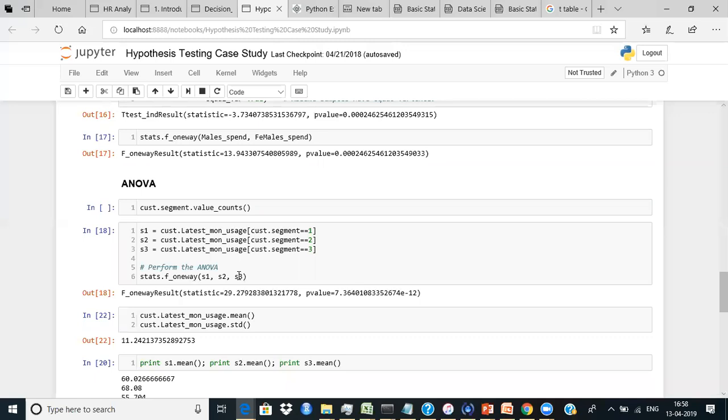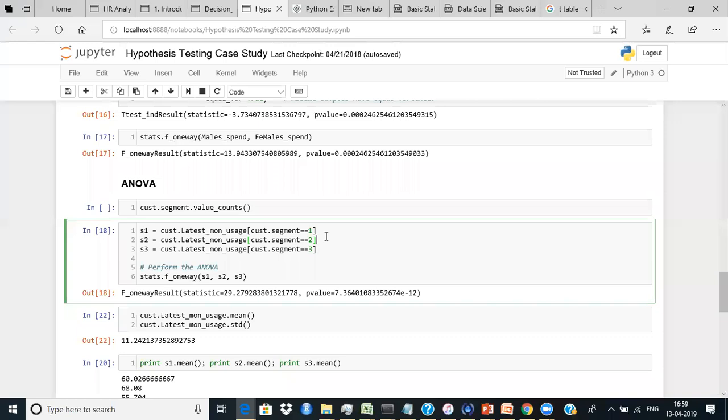Make sense? Sir, I guess I missed something. What are the segments? Segment just means what is the type of credit card you are using.